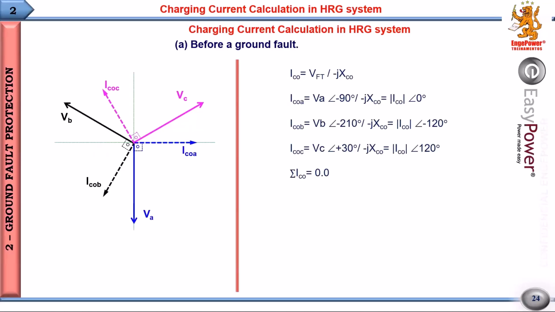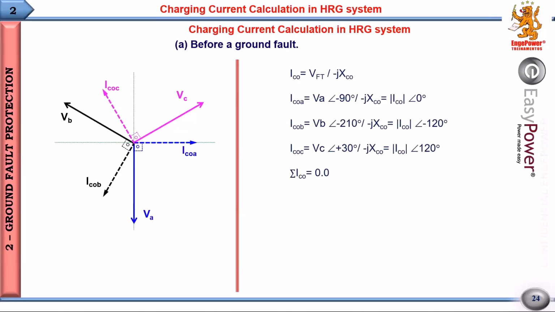So it's 90 degrees leading the voltage. Why is it 90 degrees? Because the minus j is leading, okay? For phase B it is the same.